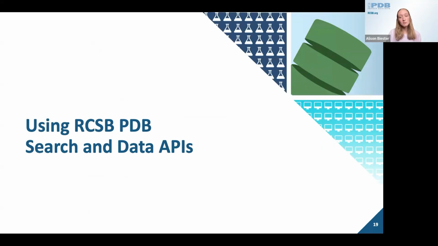So the RCSB PDB chemical search tools I just described are powerful tools with an intuitive user interface for performing chemical searches on rcsb.org. These searches are powered by APIs, so I'll next discuss the APIs underlying rcsb.org and how you can use these APIs to perform even more powerful searches.